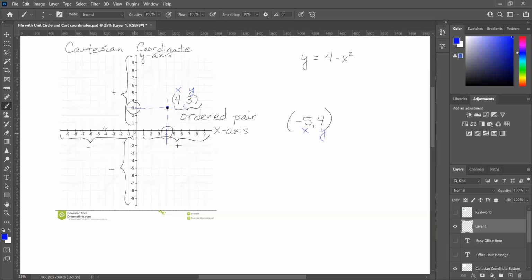So I'll come along the x-axis to -5, which is right there, and along the y-axis to 4, which is right there, and then I might extend a dashed line from the 4 across and from the -5 up or down, wherever it takes to get that cross, and where those two dashed lines cross, that will be the point. In this case, that's the point -5, 4. And so we can pretty quickly plot any points that we need.